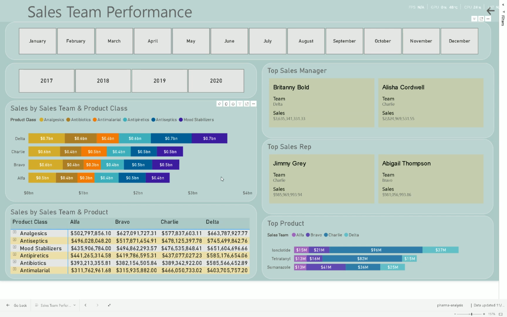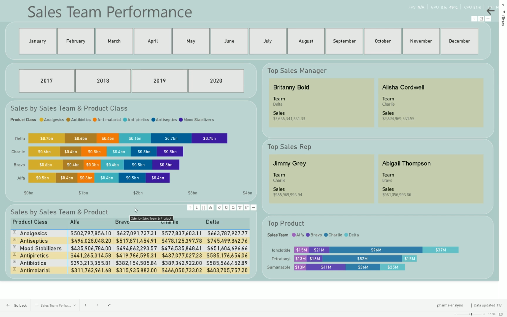Next is the detailed product class matrix. As we can see here, the product class and the sales team. At the bottom we can see the matrix which breaks down the sales by product class across each team.